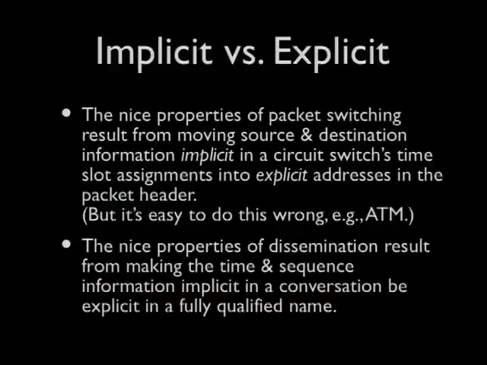It's easy to screw this up. So when ATM, the telcos' networking, put identifiers in their little 54-byte cells, they used a local identifier. It only had meaning to the two switches on each end of a wire, right? And it was rewritten on every hop.